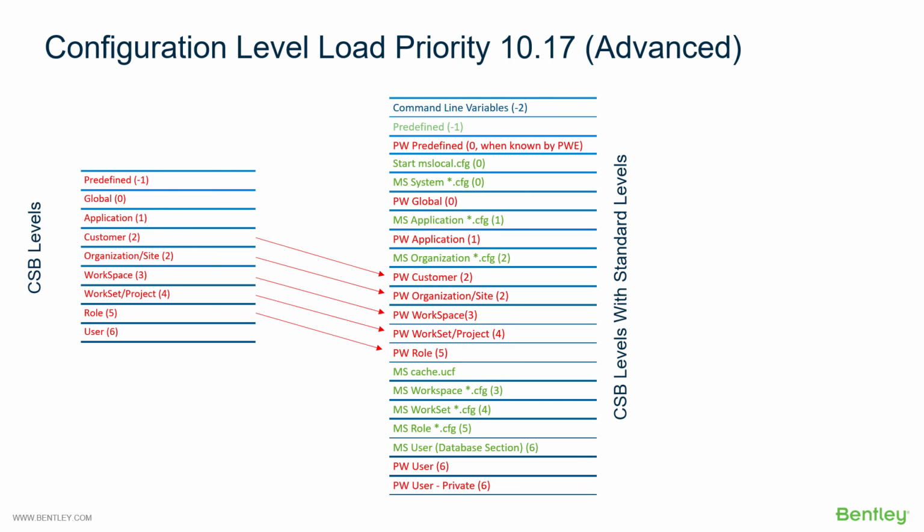Therefore, it loads customer, organization, workspace, workset project, and role prior to encountering that user level configuration file. Next, it will then read the cache UCF, workspace, workset, role, and user CFG files. It will then load the user CSB and the personal CSBs.